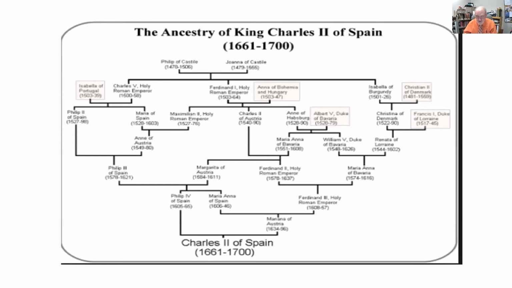His only 8th great-grandparents were Philip I of Castile, the Duke of Burgundy, 1478 to 1506, and Joanna of Castile, 1479 to 1555.